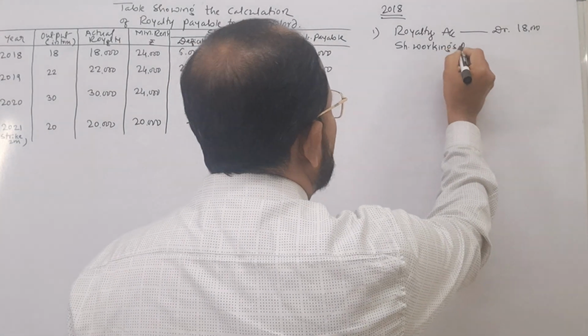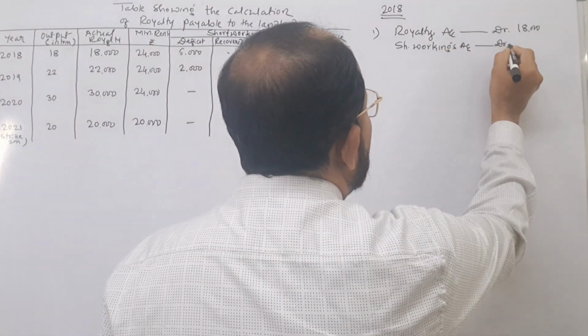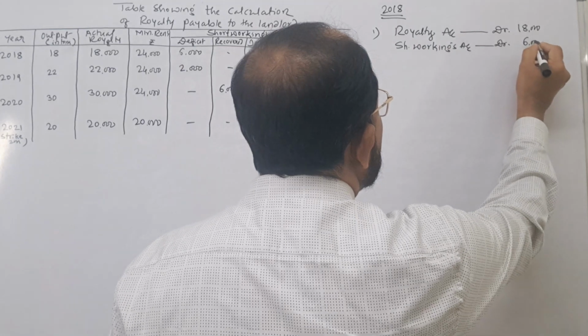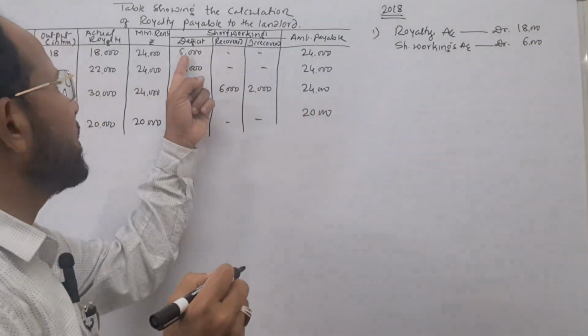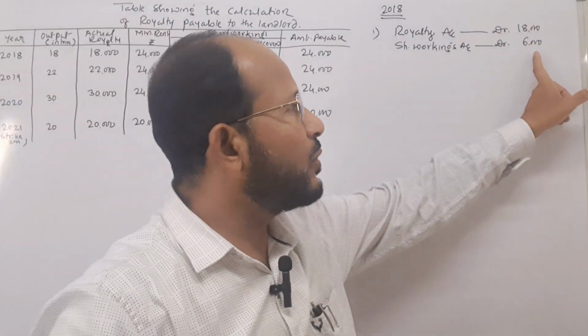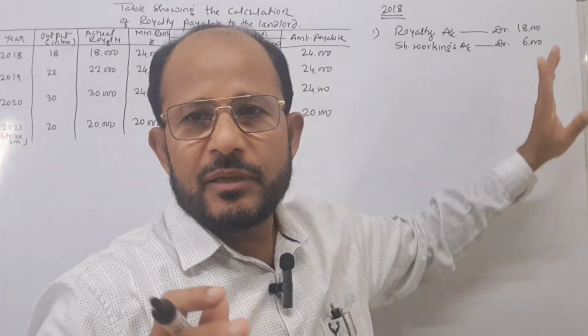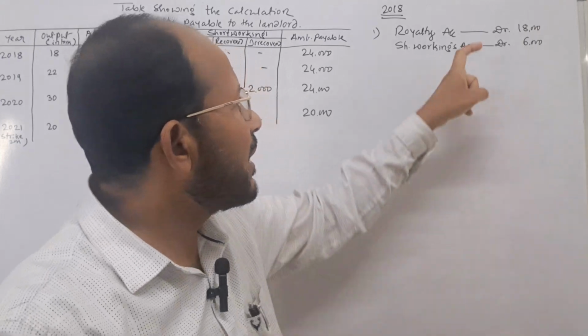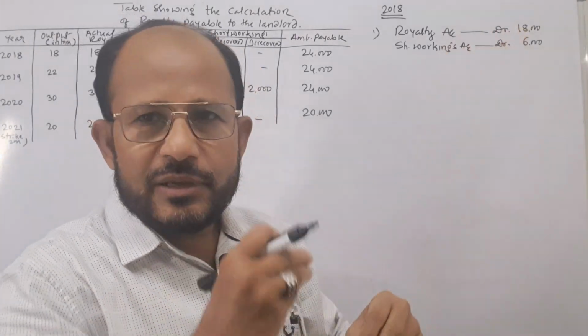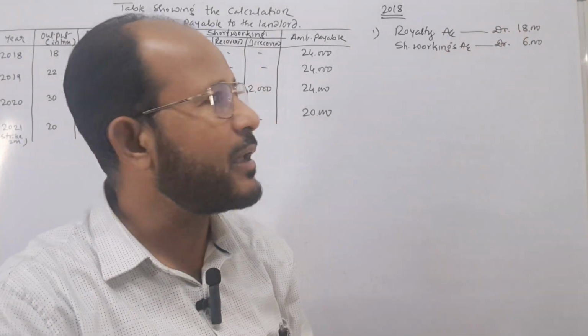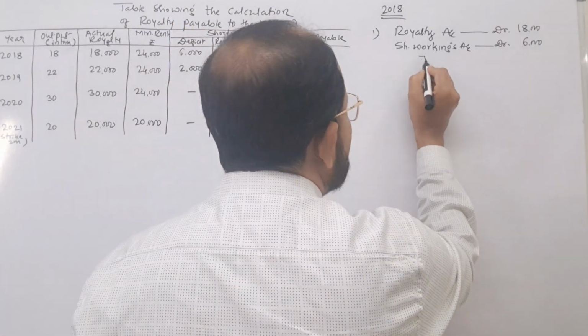Short workings account is also debited with the amount of rupees 6,000. Whatever short working is there, rupees 6,000 deficit amount, that also we have to debit here. Now total amount comes to rupees how much? 24,000. Royalty account 18,000 plus short working ಎಷ್ಟಿದೆ ಅದು 6,000 ರೂಪಾಯಿ ಹಾಕಿ ಯಾರಿಗೆ ಕೊಡಬೇಕಾಗುತ್ತೆ, to whom it is to be paid?